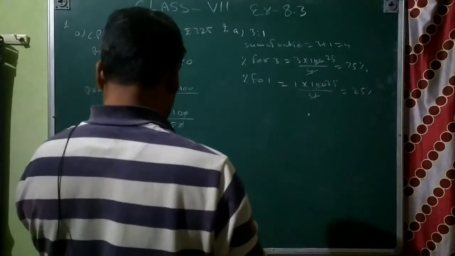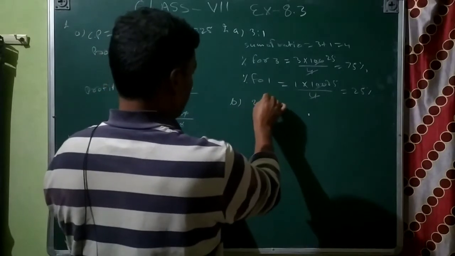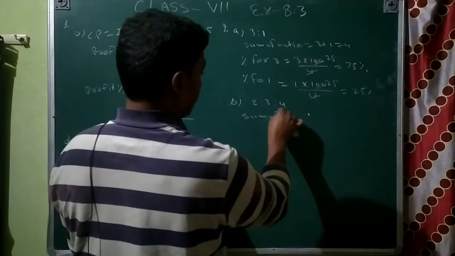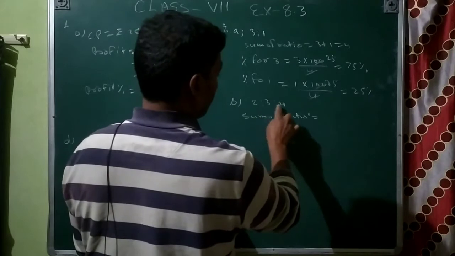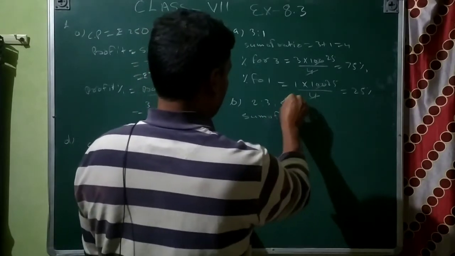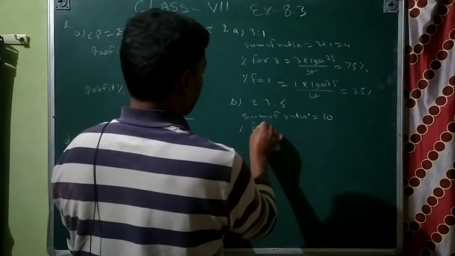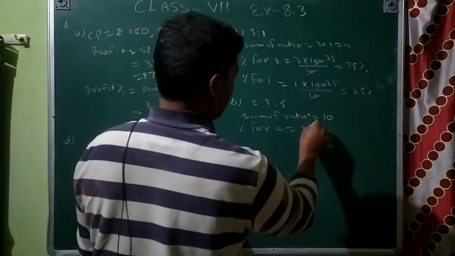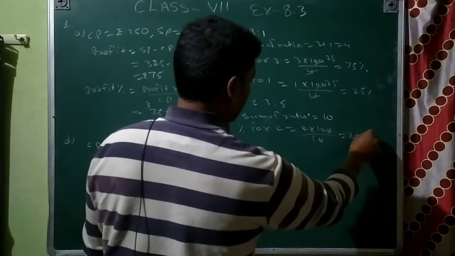And then see the second, B part, because there is given 2:3:5. So the sum of the ratio is equal to 2 plus 3 plus 5, that is 10. And then percent for 2 is equal to 2 into 100 upon 10, that is 20%.